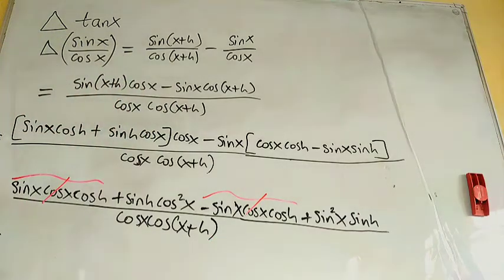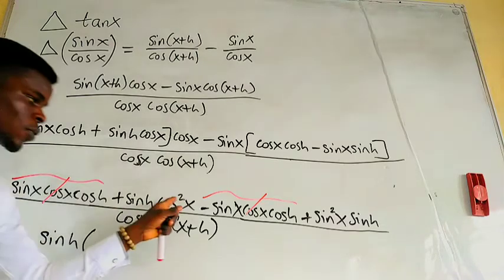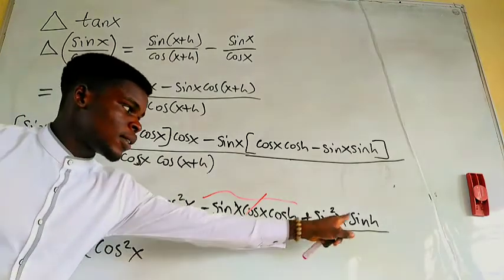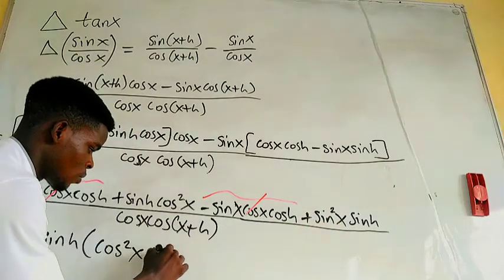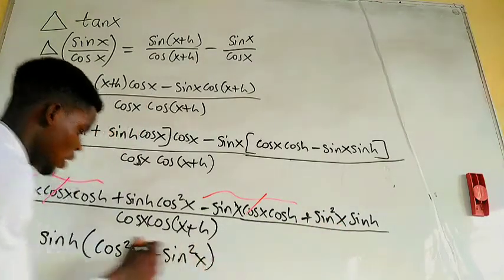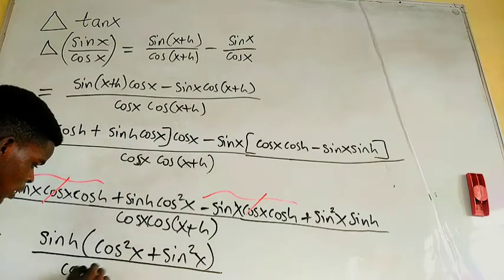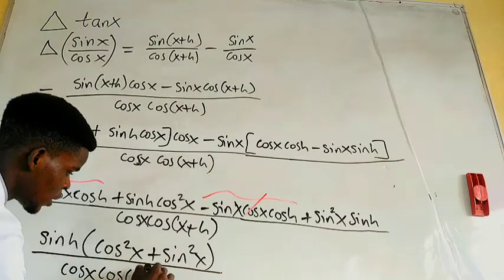By factoring that, we're going to have sine h in the numerator. Now this will be cosine square x, and this is just plus sine square x. Now the denominator still remains cosine of x and cosine of x plus h.